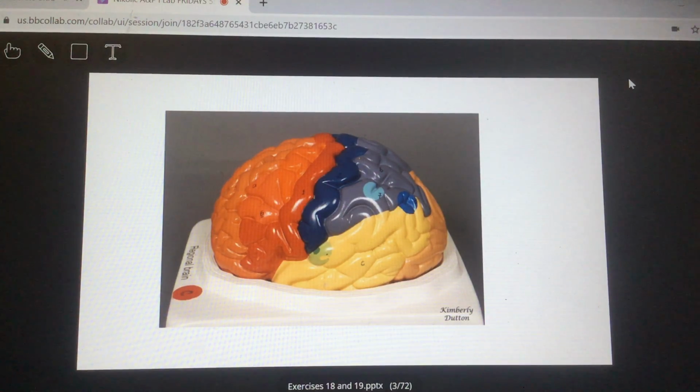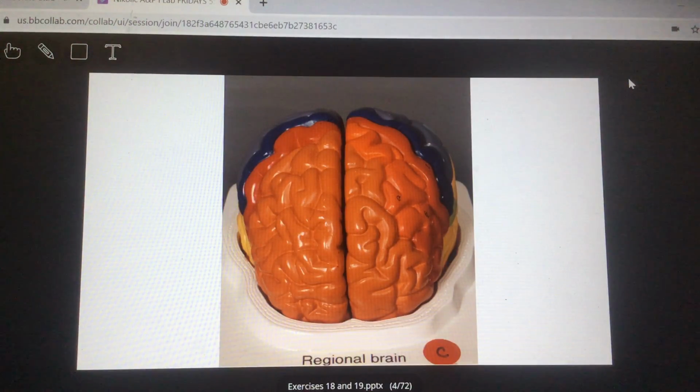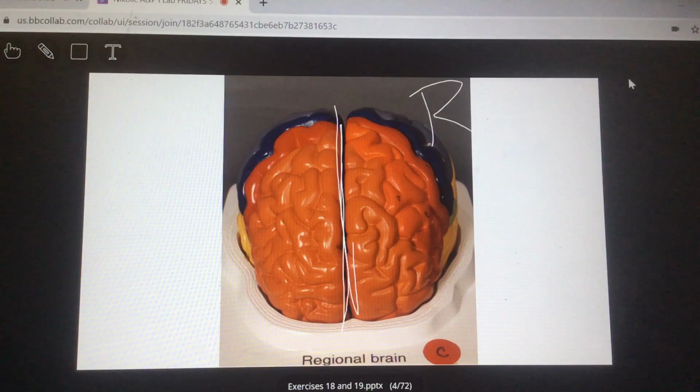You can't see the longitudinal fissure in this image. We're going to have to see another brain image. So you can see how we're doing it here. Now, here you can clearly see the longitudinal fissure. It separates the right and left hemispheres. Because we're looking at the back, this is the right and this is the left hemisphere. Okay?